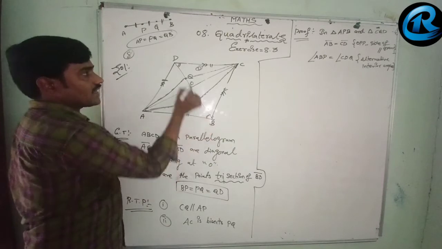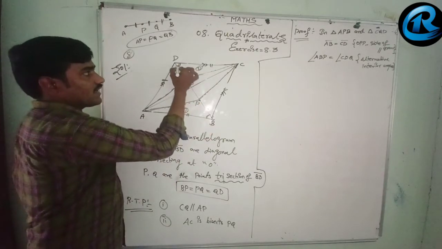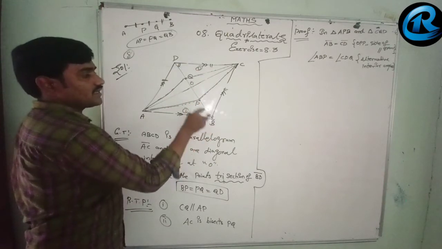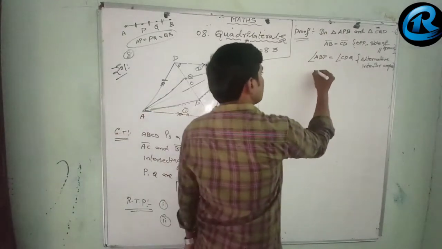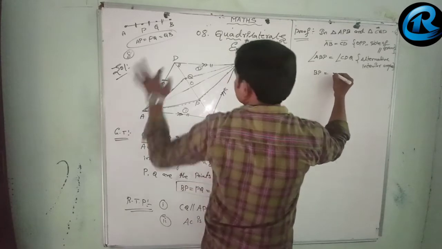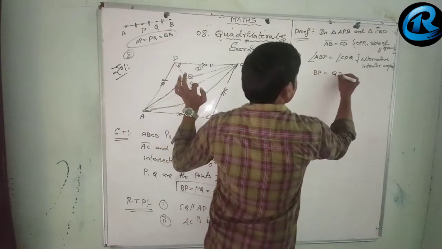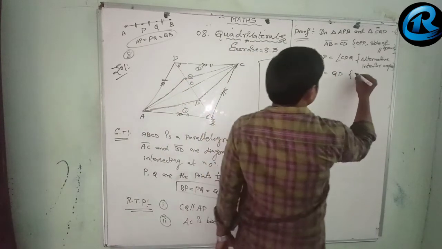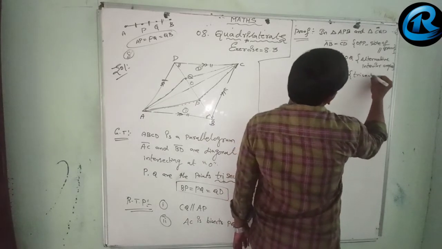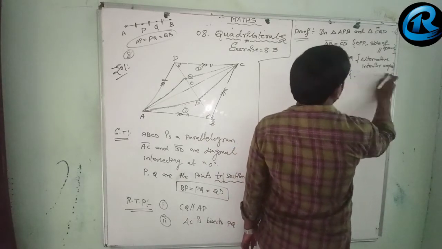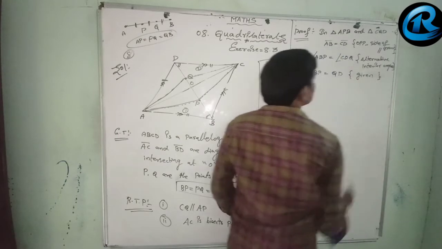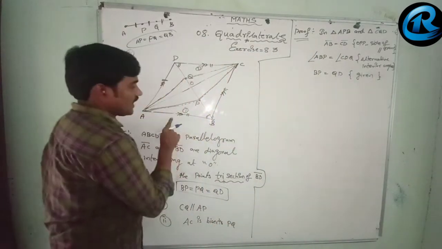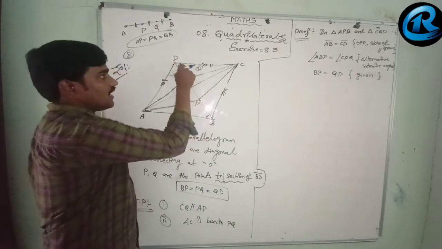Side, angle, side. Here BP equal to QD, the trisection points are given. Okay, given. So see now, side angle side.